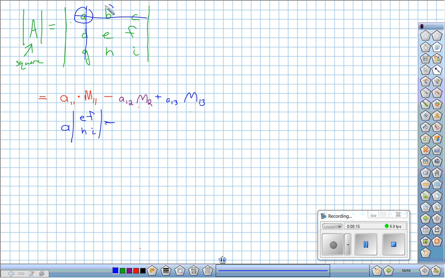A12 is this guy. That's B. M12 is when I cross off row 1 and column 2. Okay, what I have left over are these guys. So I'm making it messier and messier. I'm sorry.